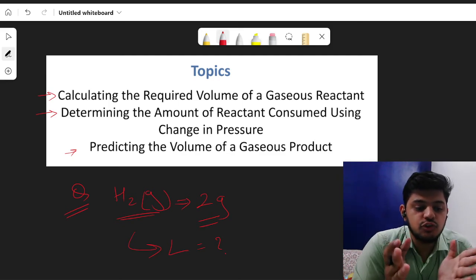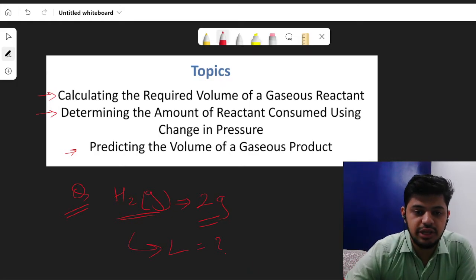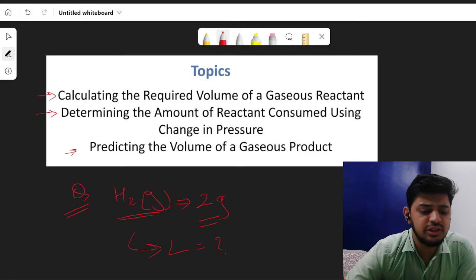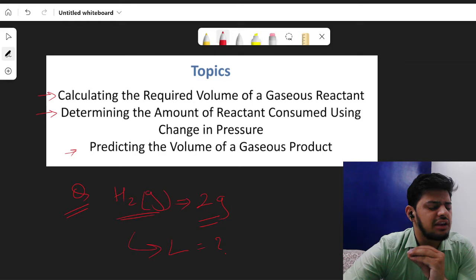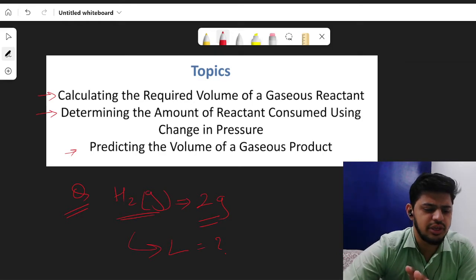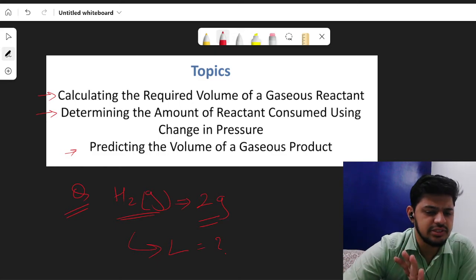So the first part is that we will convert grams into moles. How will we convert the grams into moles? For these types of questions, always remember, just convert everything to moles. When you are able to convert into moles, it will be very easy, right?